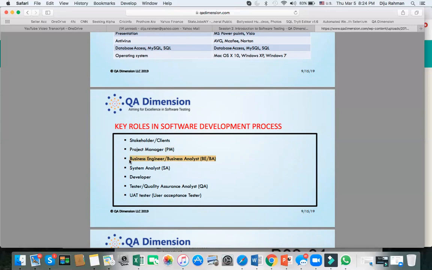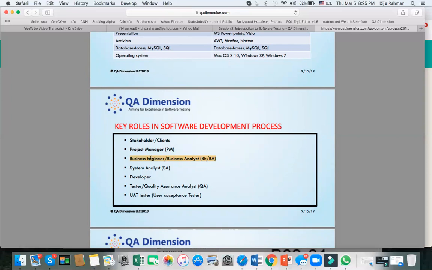Okay. So the next is business engineer or business analyst. As you know, engineer and analyst are kind of the same thing in this example. The business engineer is the one who is going to provide the specification for the software. Let's say you're building the house, right? There will be one person, let's call them an architect or an engineer, whatever you want to call them.